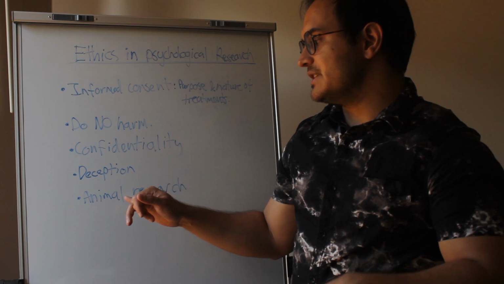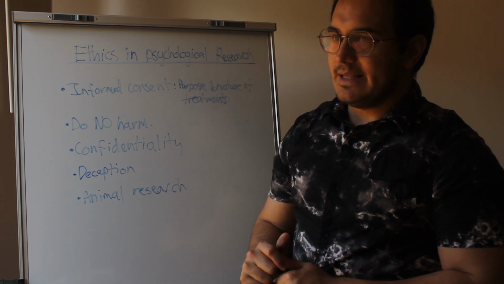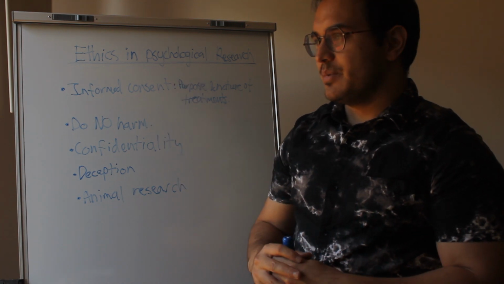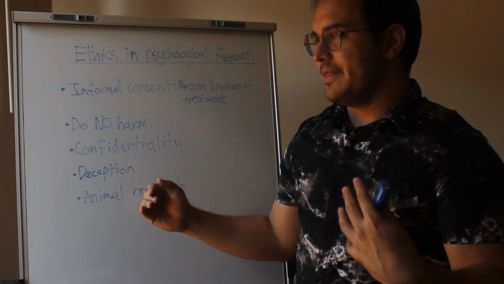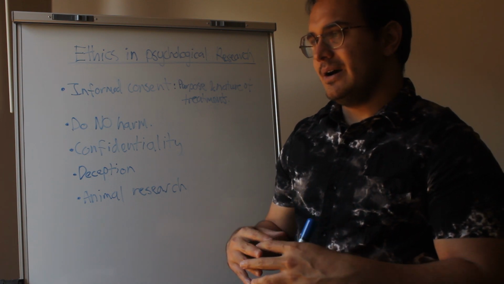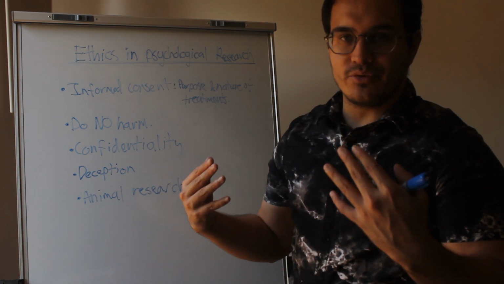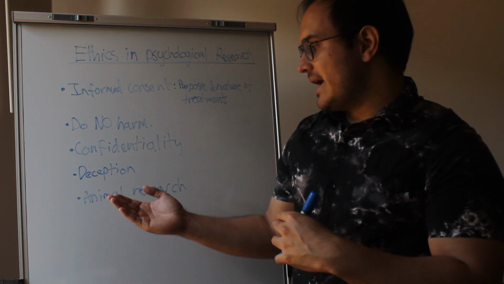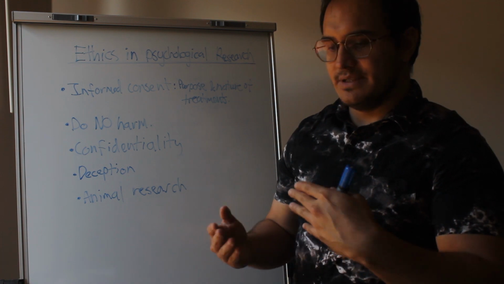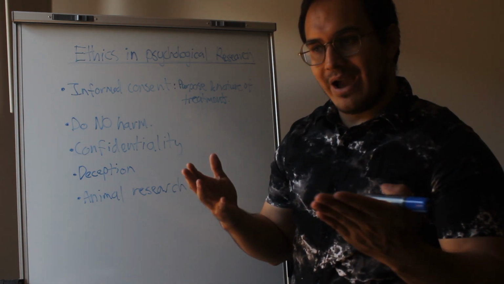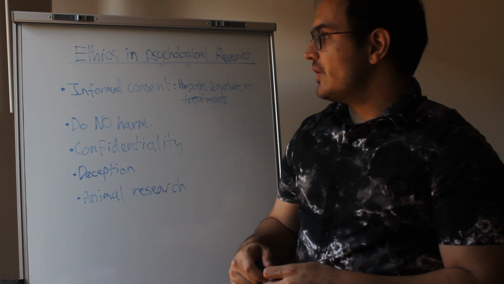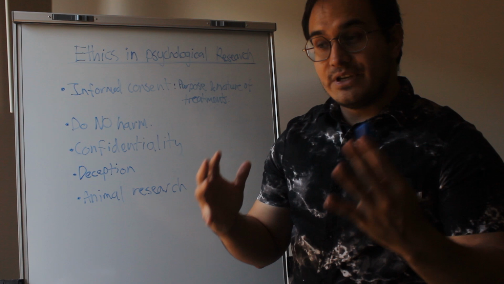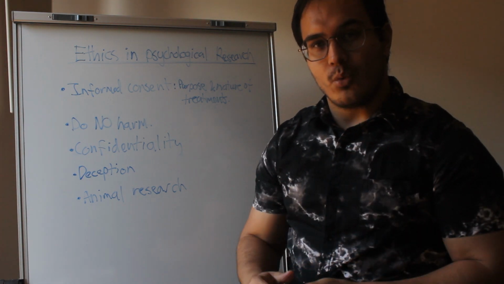So if there's a large benefit and the board, or whoever you're submitting the ethics proposal to, can see that there is clear benefit through doing animal research, then they'll approve it. Okay, so it's about how much damage you are doing versus how much reward and how helpful the research is going to be. So that's basically it for this psychology research methods, Psychology 101.